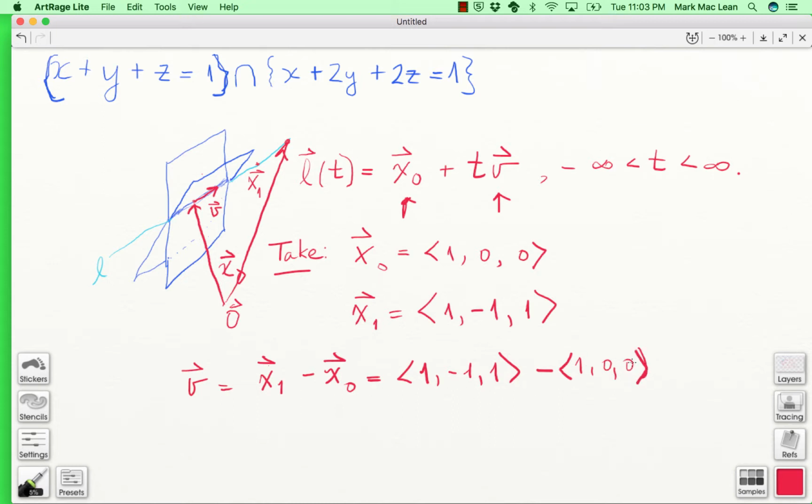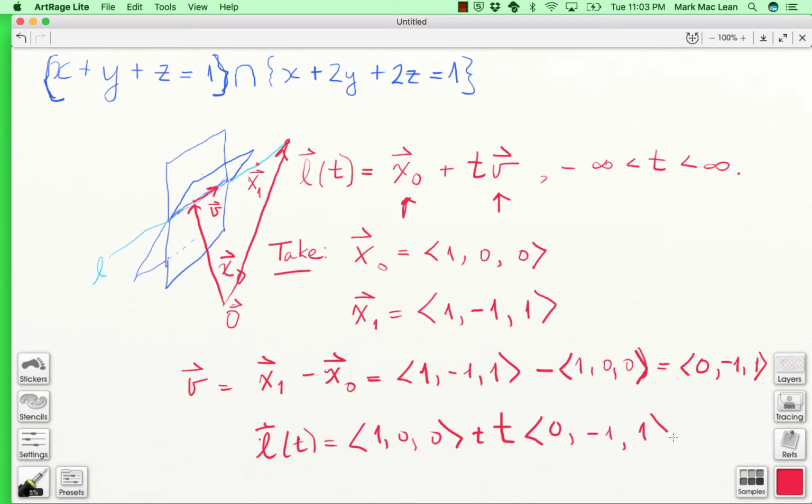And so this is then 0, minus 1, plus 1. So this tells me, in this case, that L is then x naught, which is 1, 0, 0, plus t times this vector 0, minus 1, 1.